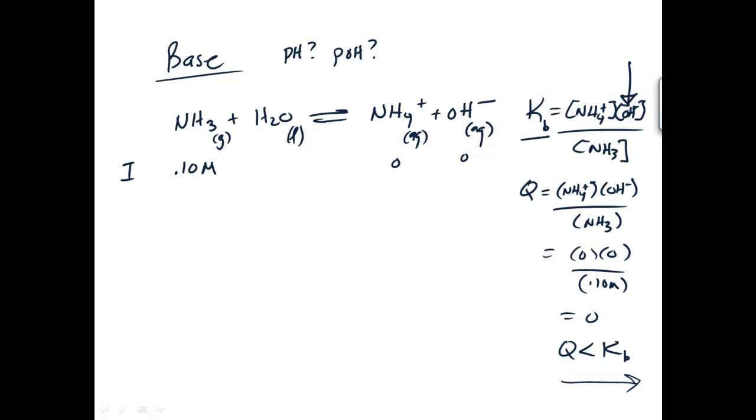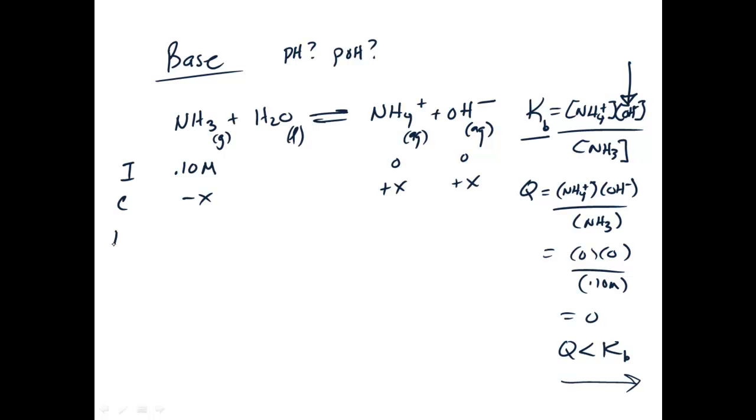But always keep that in the back of the mind because sometimes you will have mixtures of both reactants and products, and you'll definitely have to calculate Q to determine which way the reaction is going to proceed, either to the left or to the right. So the change here, we know we're going to lose X amount of the ammonia. We are going to gain X amount of the ammonium ion, and we're going to gain X amount of the hydroxide ion.